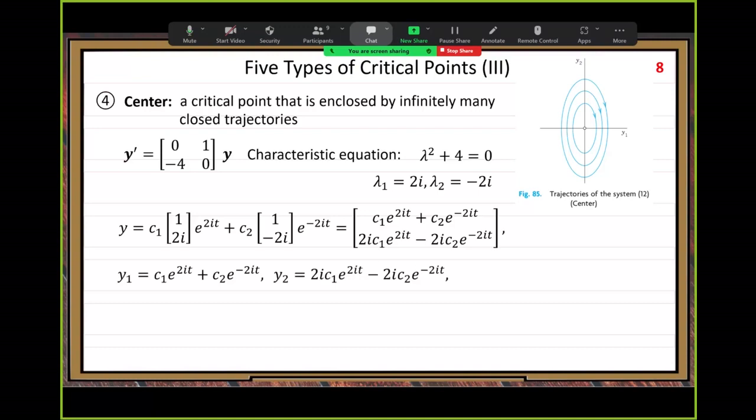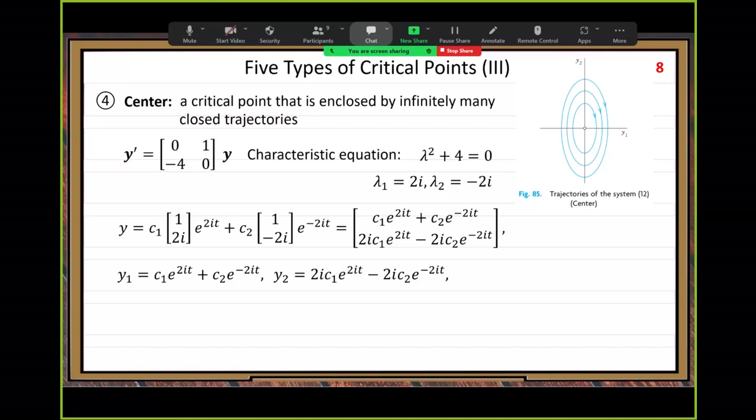Now we want to write the equation for the trajectories, with y1 and y2 and eliminating t. We don't want to see t.